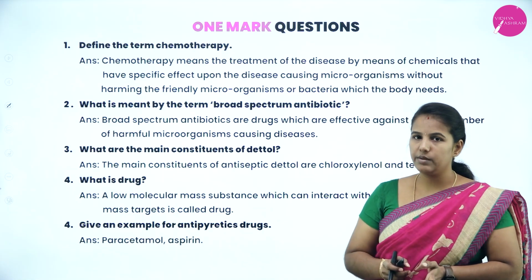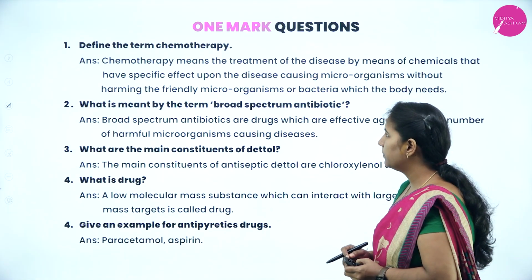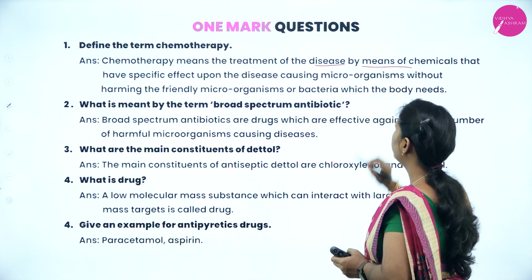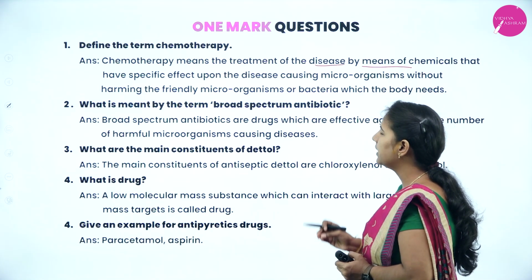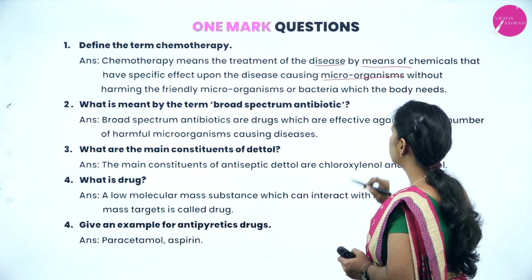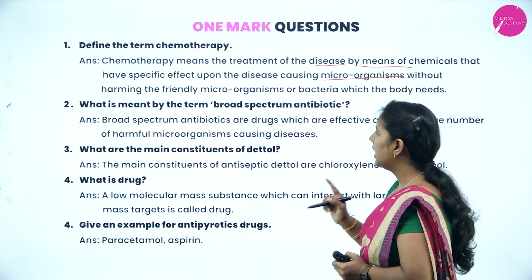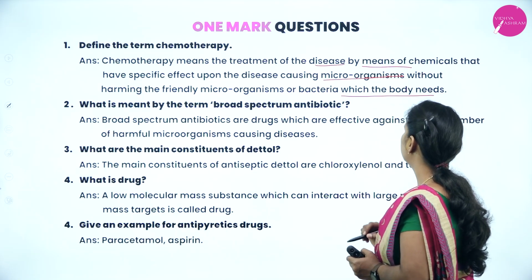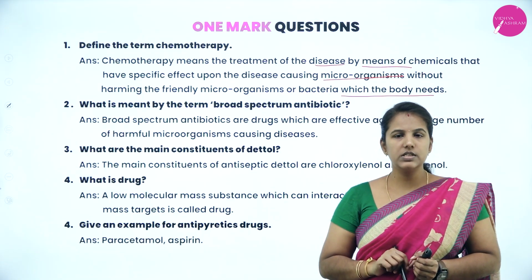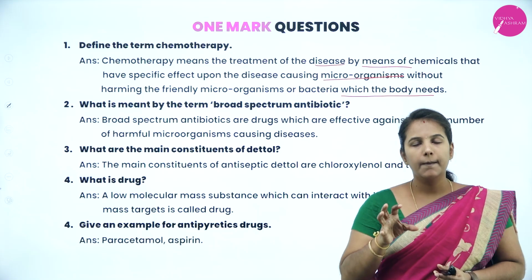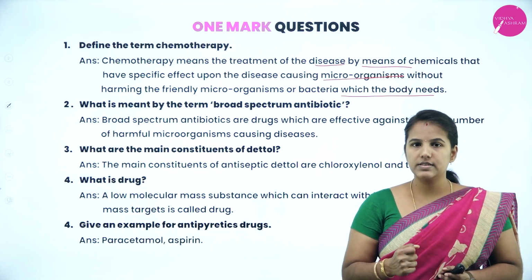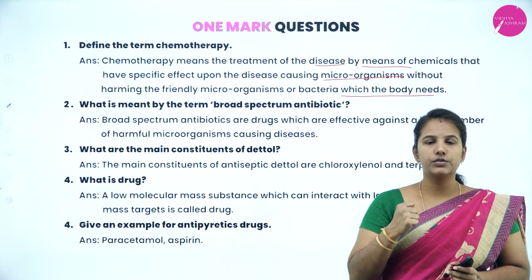Define the term chemotherapy. So chemotherapy is nothing but treatment of diseases by means of chemicals that have a specific effect upon the disease-causing microorganisms without harming the friendly microorganisms or bacteria which our body needs. Which means to say that we are using a particular type of chemicals to destroy the microorganisms which cause harmfulness to our body.